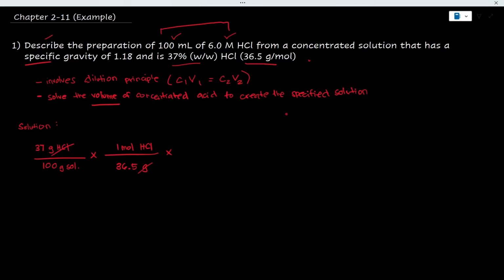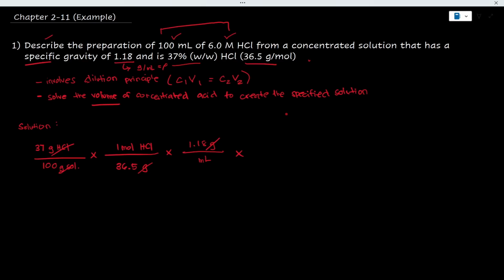And let's use the given specific gravity. As in the previous video, this is a unit of grams per ml, because this is approximately equal to density. So this is 1.18 grams per ml. Cancel the grams, and we are left with mole per ml.